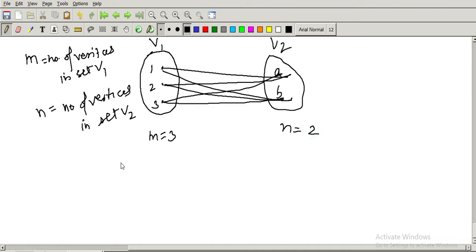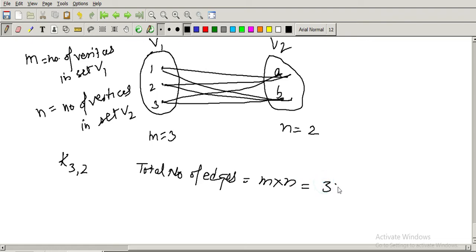If in the exams they ask you, in a K3,2 complete bipartite graph, what is the number of edges? The total number of edges will be m cross n, so 3 cross 2, which is 6.